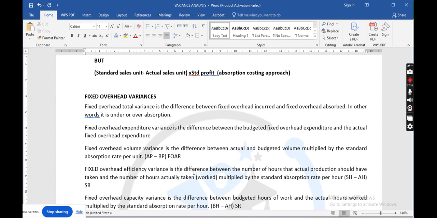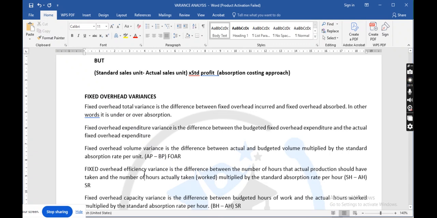So the fixed overhead efficiency variance is the difference between the numbers of hours. Can you look at it? The first one is your volume, class. The second one, when you want to measure efficiency anywhere, it is hours. If you want to measure volume, it is units. This is efficiency.